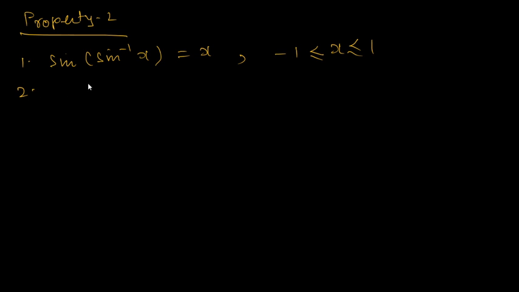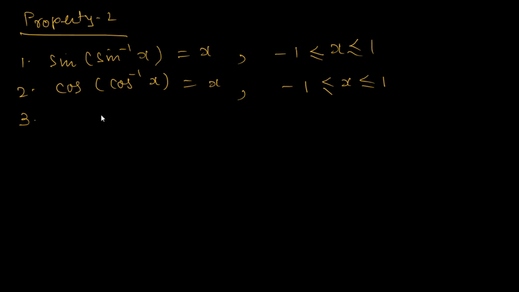And 2, cos of cos inverse x, that is also equal to x, provided -1 is less than or equal to x, and that is less than or equal to 1.